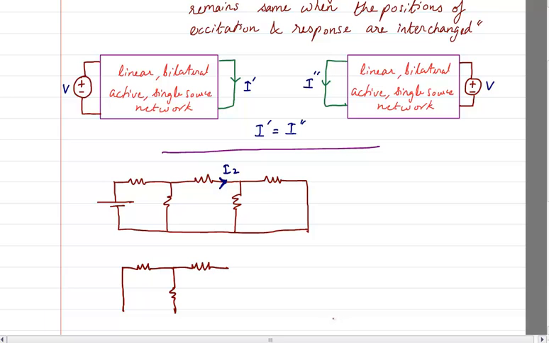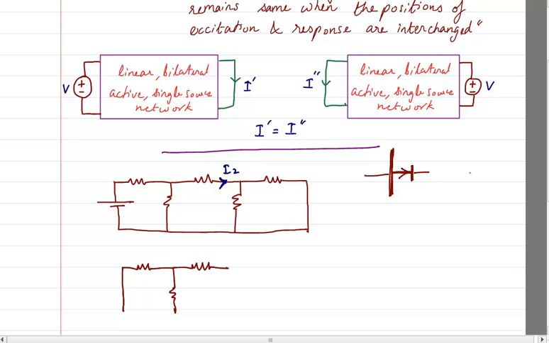The arrow is going in this direction. I will always place the positive and the negative of the battery like this. You have to be very careful. This is the positive plate and this is the negative plate. I am going to place the plates in such a way that the current direction is from the positive plate to the negative plate.